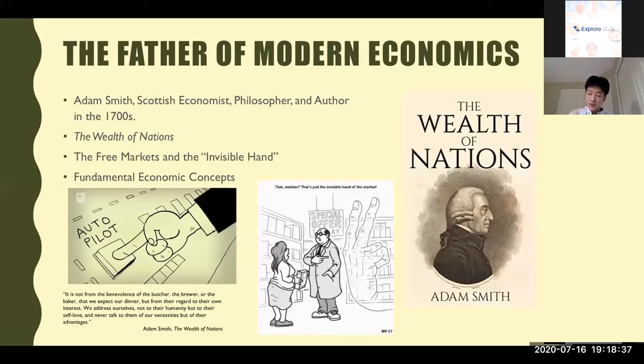The reason why this man was so important in the economic world is because most of the fundamental basic ideas we have today in economics were invented or developed by him. And one of his most famous works is called The Wealth of Nations. It is a book about economics. So it's the picture on the far right. And that's Adam Smith.